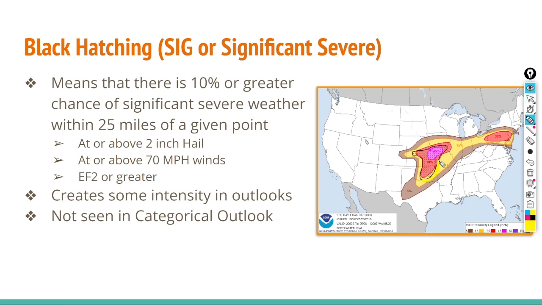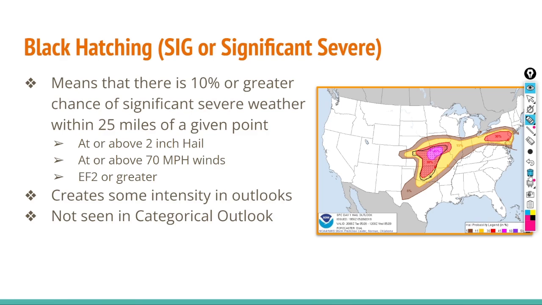That little black hatched region represents that significant risk. So if you have the hail outlook with a little black hatching on it, that means significant hail is possible, a 10% chance within your area.